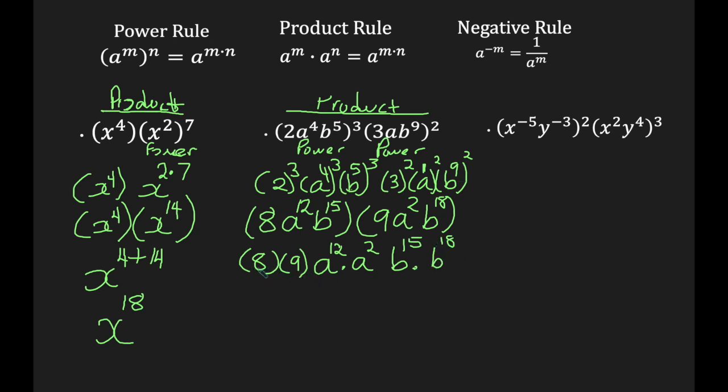So remember these coefficients, you're going to treat them like normal integers. 8 times 9 is 72. Remember the product rule? When your bases match, you keep your base and you add your exponents. So that's 14. For the b's, we're multiplying, so we're going to keep our base and we're going to add our exponents, which is 15 plus 18. So that will give us, I think, 43.